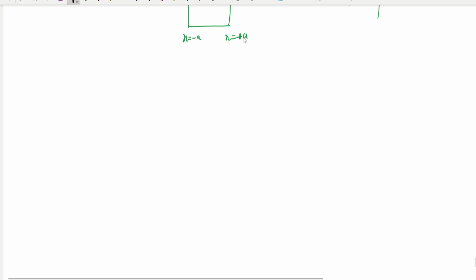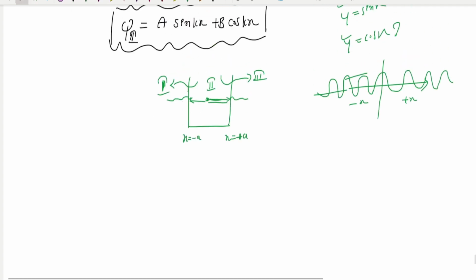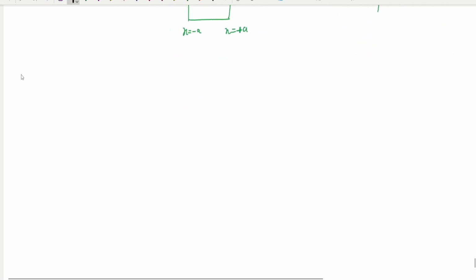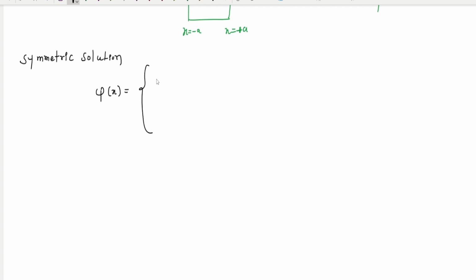This is very important information. Which wave function is matching here? So why are we going to write two solutions? One is the symmetric solution. Wave function psi of x equals: I know there are three solutions, right?